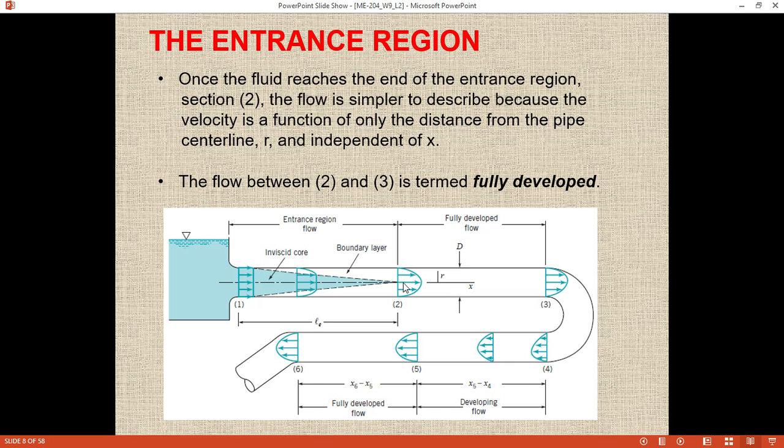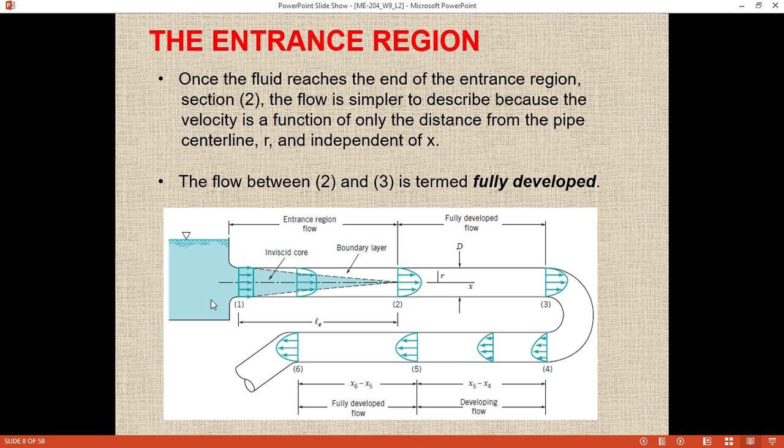So here you can see only the velocity is varying in the radial direction, but throughout the length this profile remains constant, okay, it is not going to change. So there is no variation, so del u by del x is going to be 0, because the velocity component in the x direction, del u by del x, is 0, okay, because there is no change.